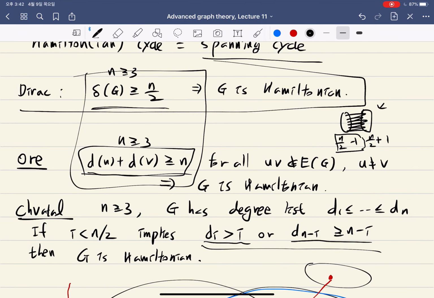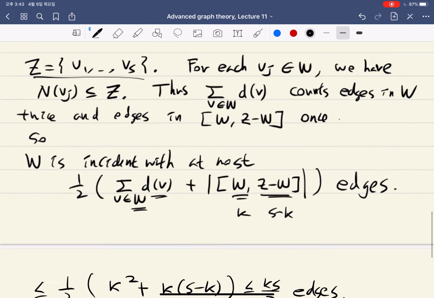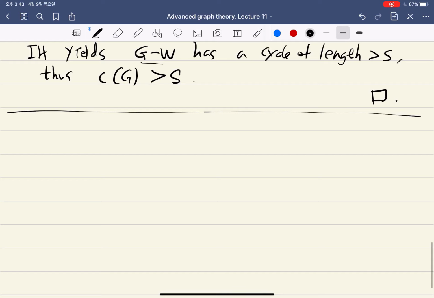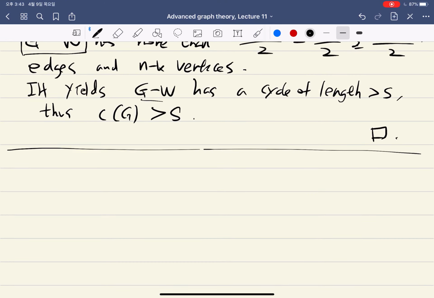What minimum degree condition guarantees a cycle of length n minus 1 or n minus 2 or a certain number? So there are some long cycle versions of the Dirac theorem or Euler theorem.